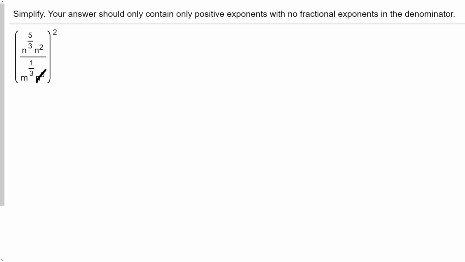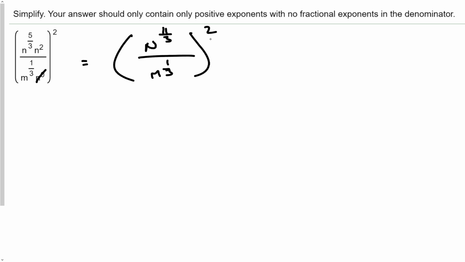Next step, I am going to take these two terms, which both have a base of n, and simplify them to n. Well, that's 5 over 3. Add the exponents together, plus 2 gives me 11 over 3. And now they're both squared.